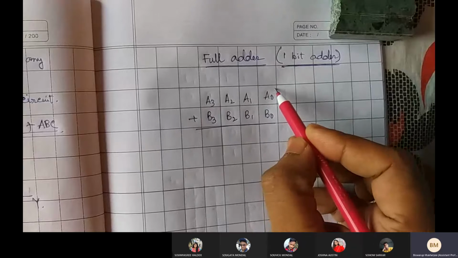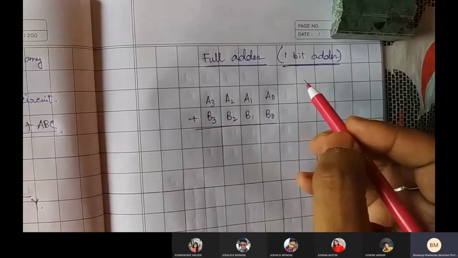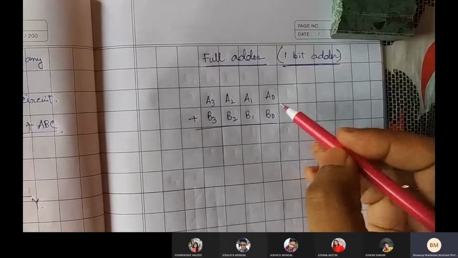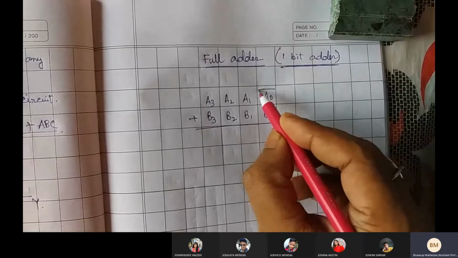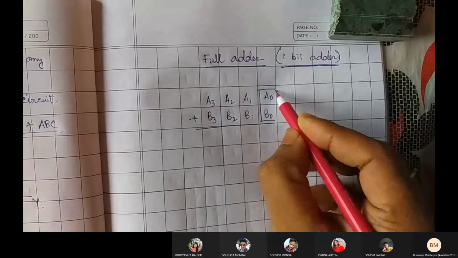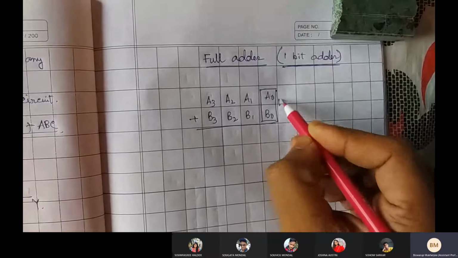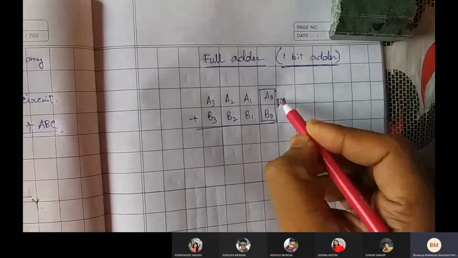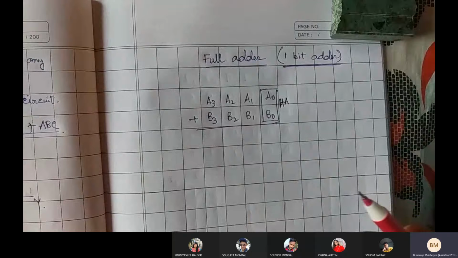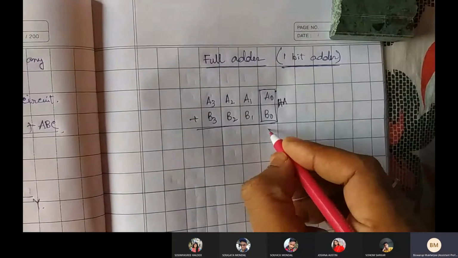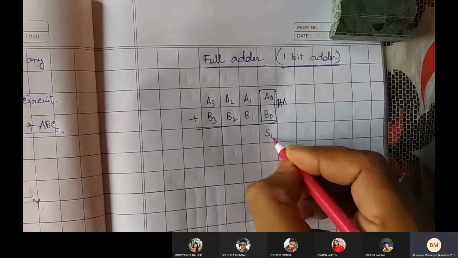Obviously, initially, which is the normal process of addition, is that you need to add A0 with B0, right? So you can add these two by means of a half adder. এটাকে একটা half adder দিয়ে add করতে পারো, because half adder can add A0 along with B0. What would be the result? Result would be, suppose like sum as S0.